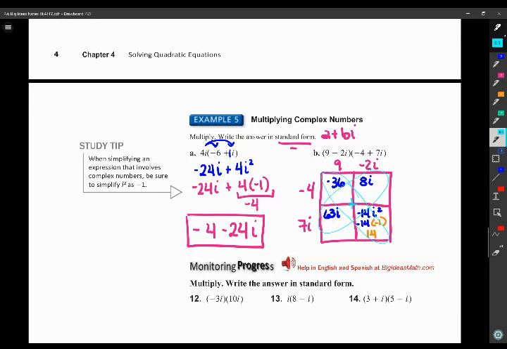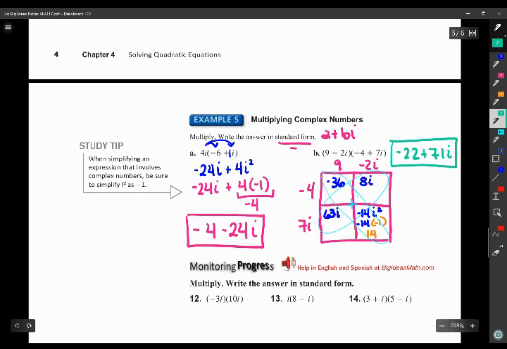So if I go -36 plus 14, that's going to give us negative 22. And if I go 63 plus 8, that's going to give me 71, and I'm going to do an i. And so this would be my answer. But the multiplying part is the same as we do with the normal box. So I would just pause the video for a minute, try 12, 13, and 14, and then come back and see how you did.